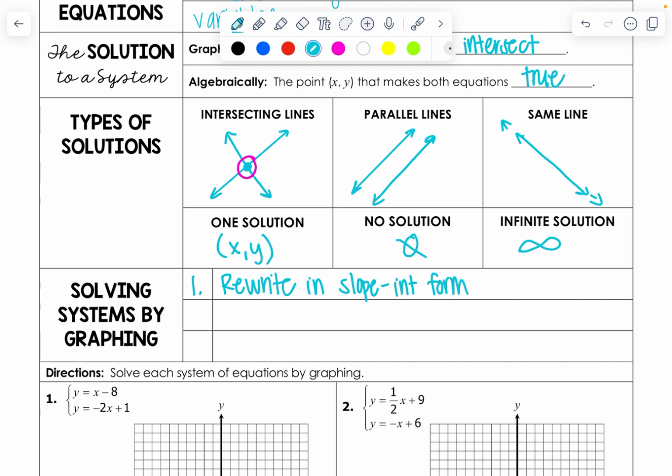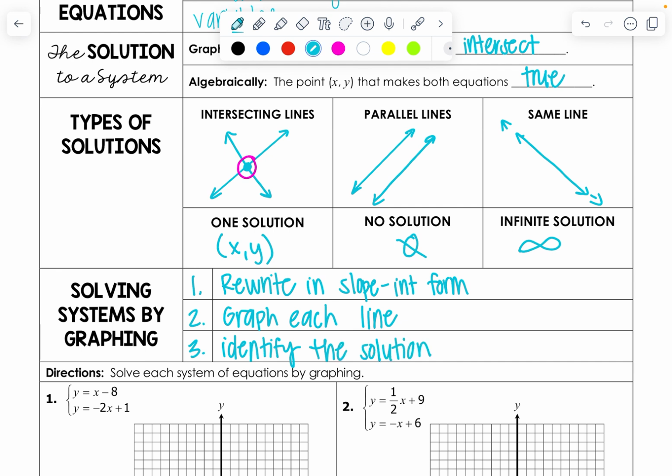That makes it really easy to decide what my slope is and what my y-intercept is, which is information I need to graph the linear equation. The second step is to graph each line. And the third step is to identify the solutions. Again, we're looking for one of the three things above.